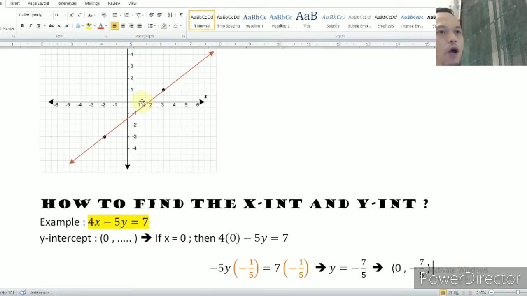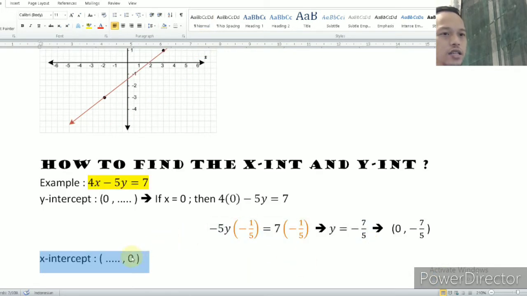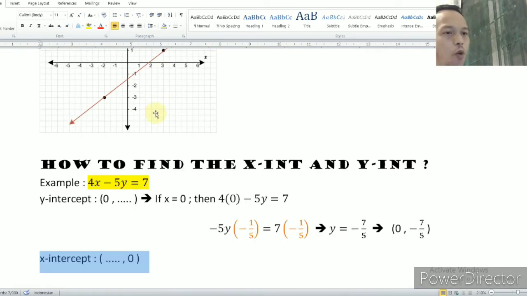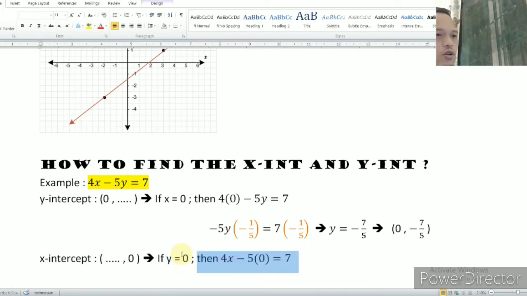Okay, so how to find the x-intercept? This is the x-intercept, the intersection of the graph with the x-axis. It's the same: we know that the x-intercept's coordinate will be the x-intercept, comma 0. So the y value must be 0. If y equals 0, then this is my situation: 4x minus 0 equals 7.